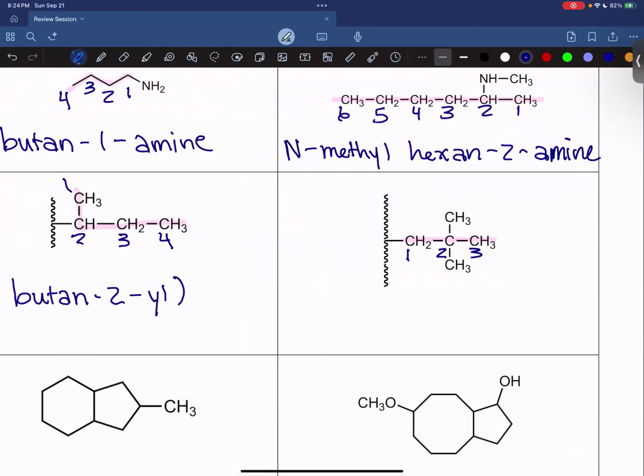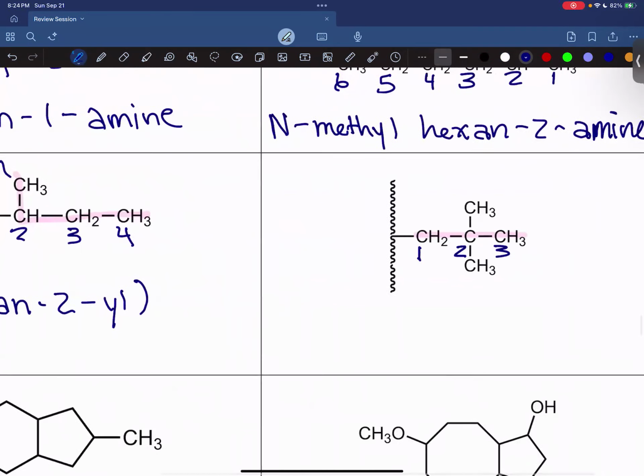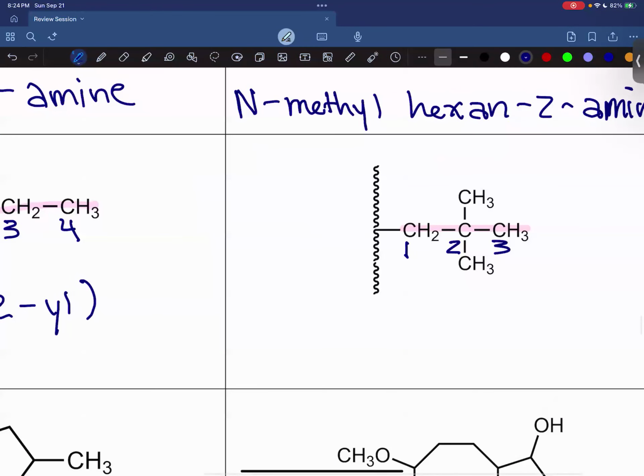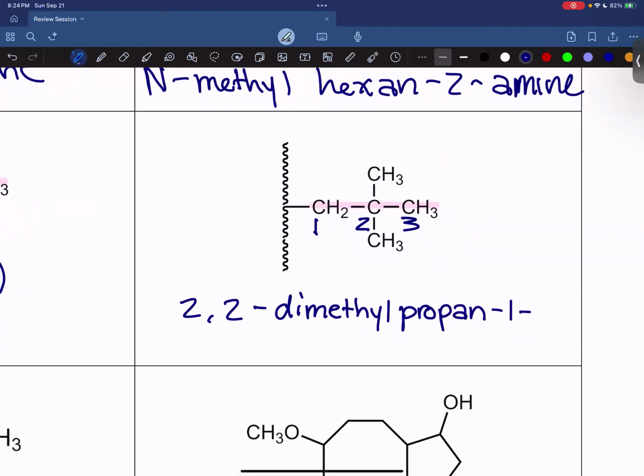And then we can see that this branch has branches on it, which is awesome. So we are going to look at what is attached to this longest carbon chain. And in this case, we have 2 methyl groups both attached to the second carbon. So we're going to do what we've been doing and write 2,2-dimethyl propan, because there are 3 carbons in the longest carbon chain. Propan-1-yl. And that would all have parentheses around it.